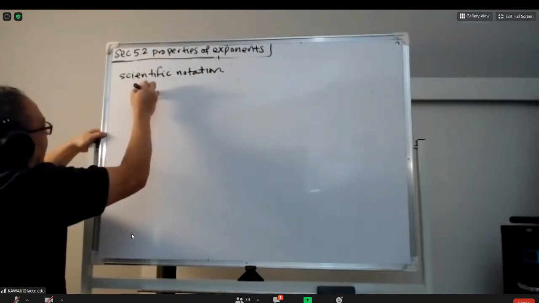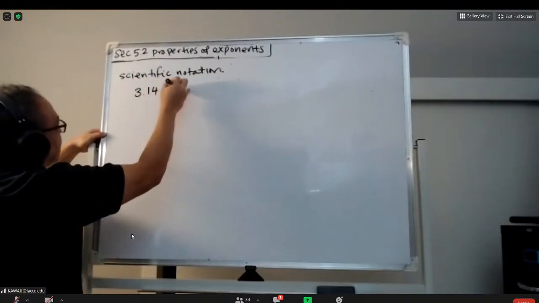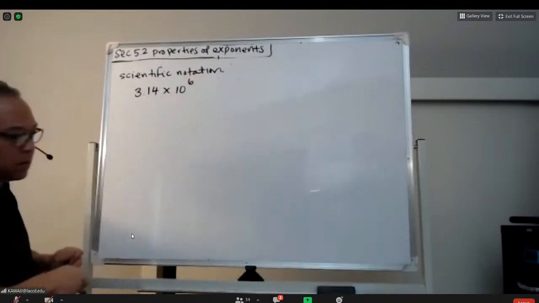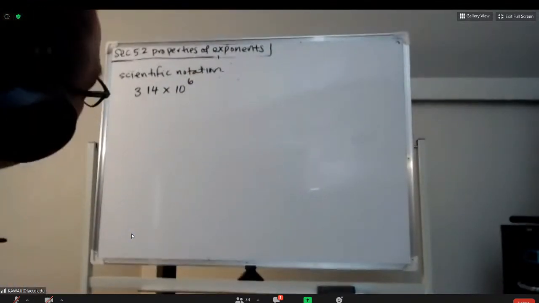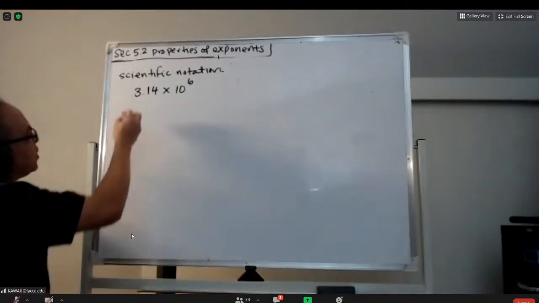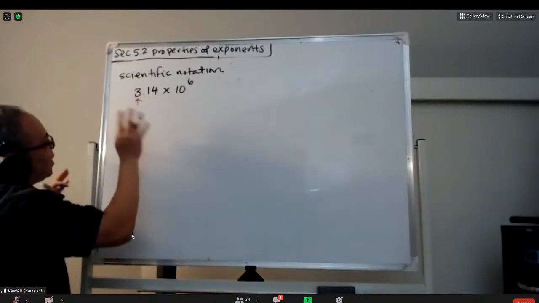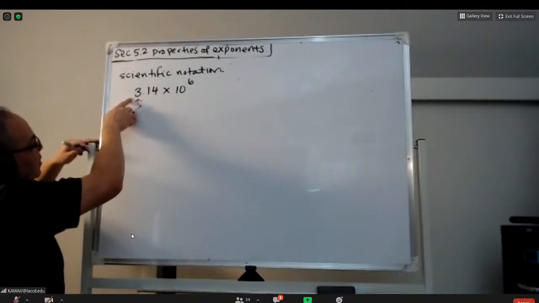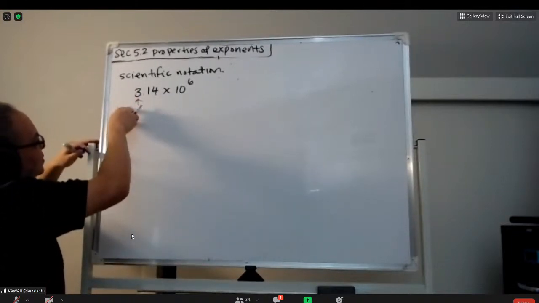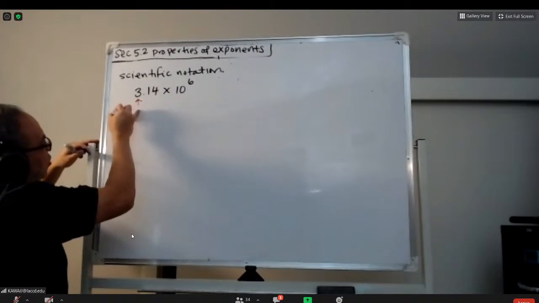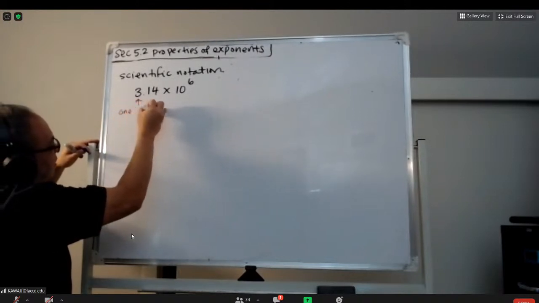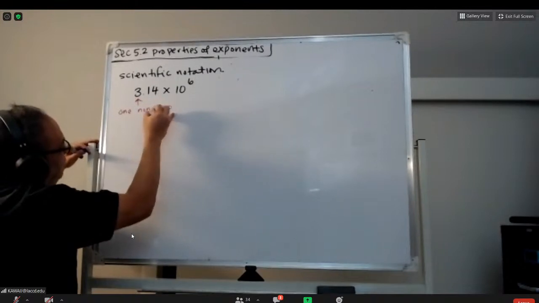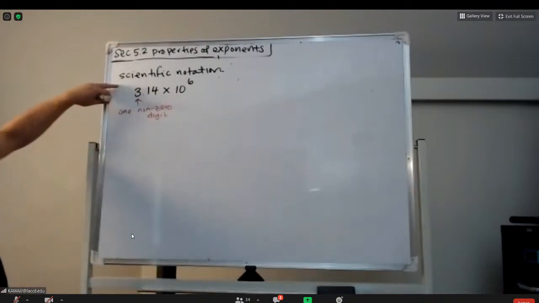So the key is that you have something that looks like this in this format. Now the rule for this format is that you can have only one non-zero digit in front. It can't be a 13 and it can't be a 0. So this has to be one non-zero digit in front, right?